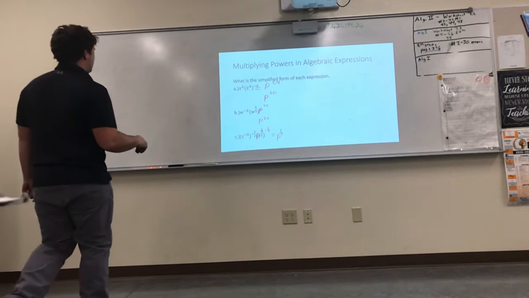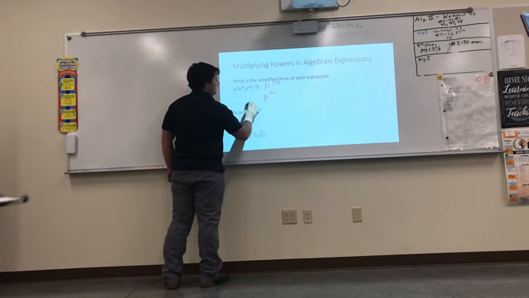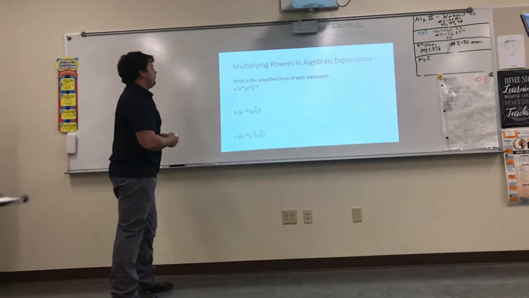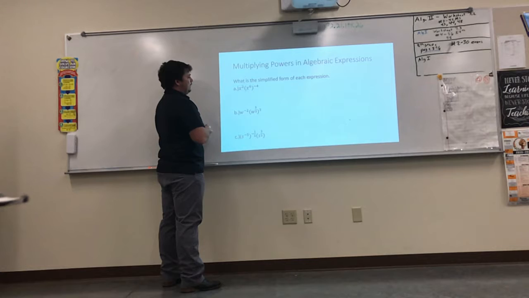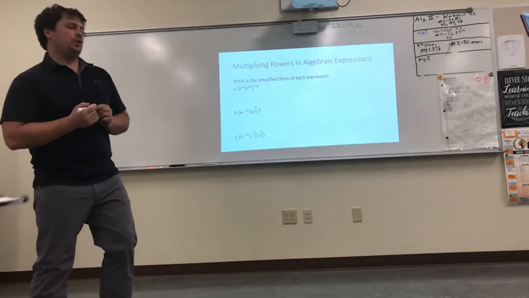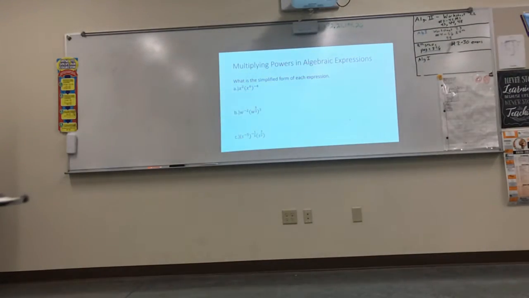Alright, now, a little bit more challenging. First thing, now this is kind of like the order of operations. If you have a power to a power, you want to do that first. Then you want to look for like bases and see if you can combine anything.